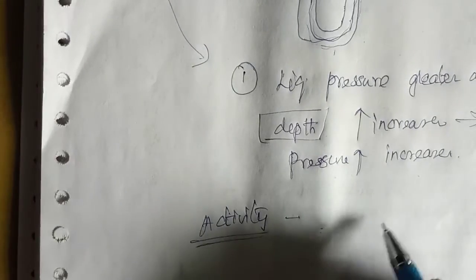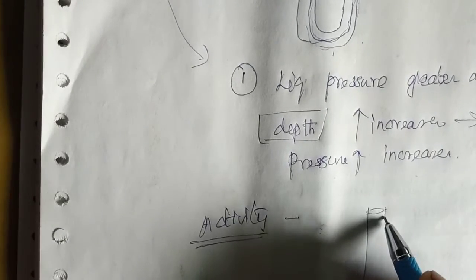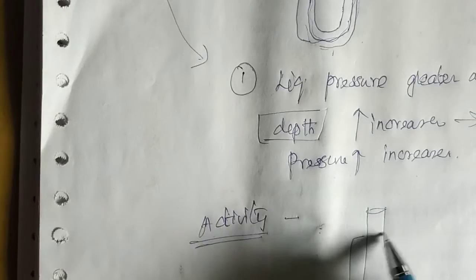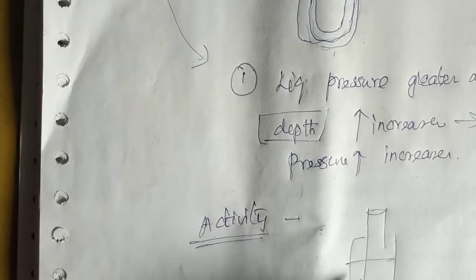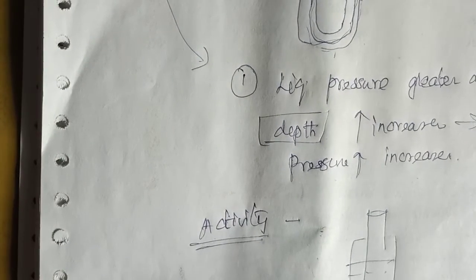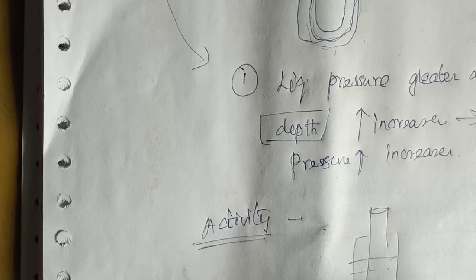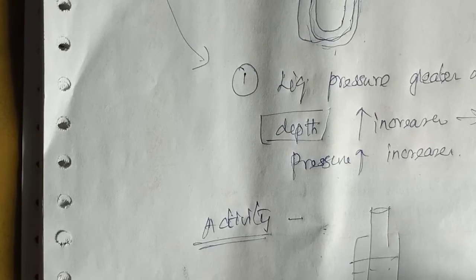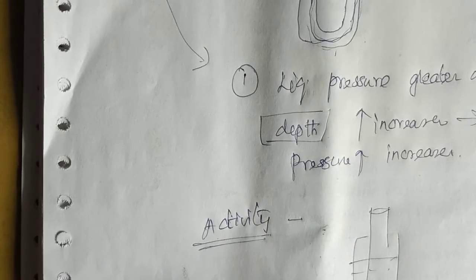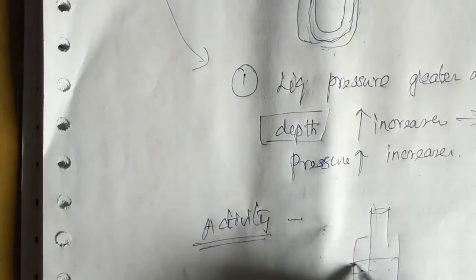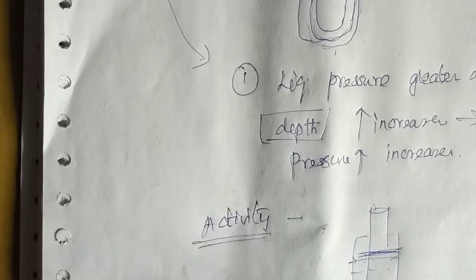In this activity, you take a glass bottle and fill it with water, and you make 3 holes at the same depth, at the same height. Then you give some pressure on this side.